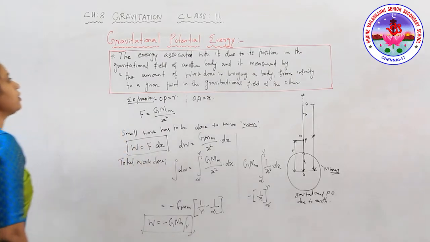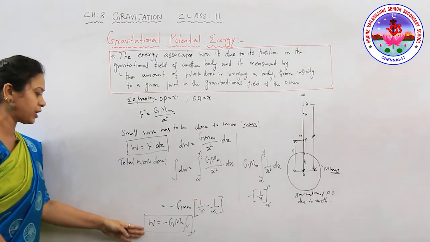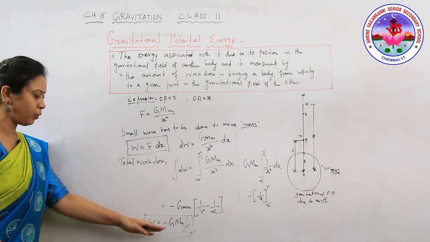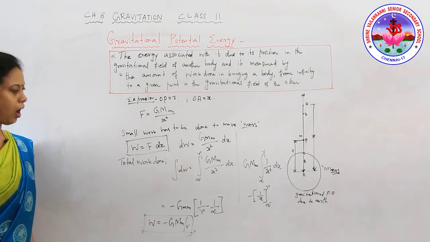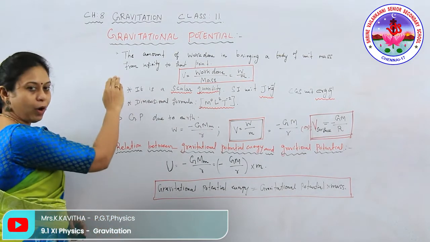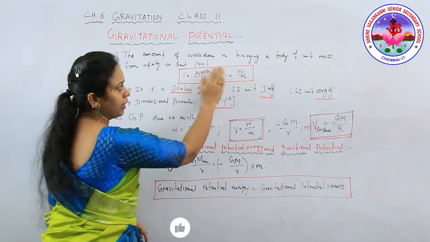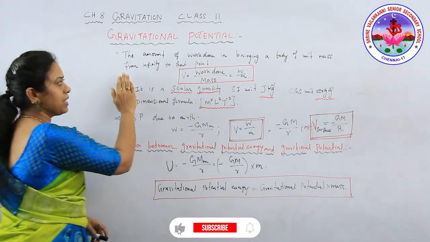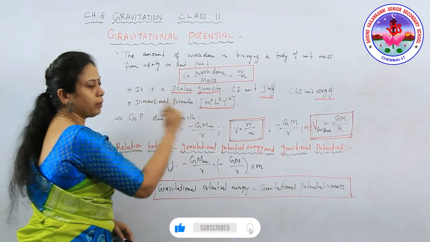So this is the gravitational potential energy, W equal to minus GMm by r. The gravitational potential, as we know, is the amount of work done in bringing a body of unit mass from infinity to the particular point.